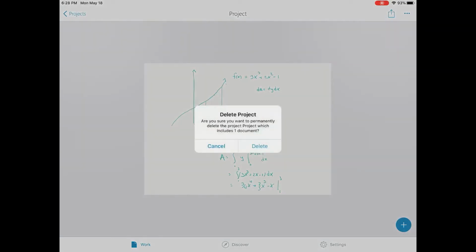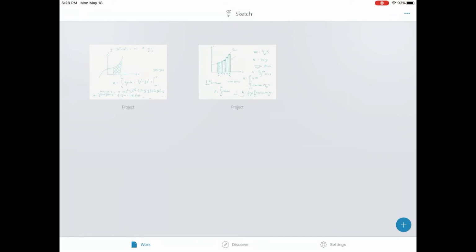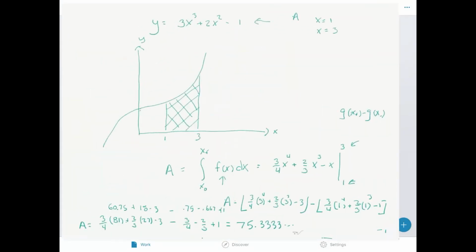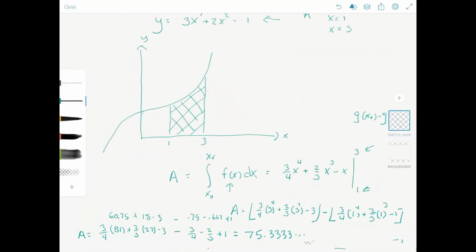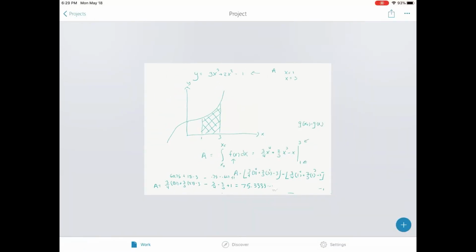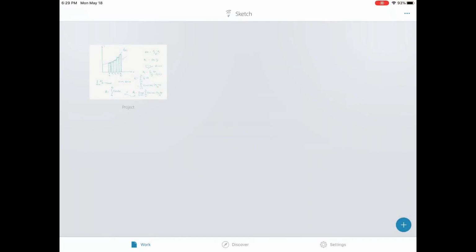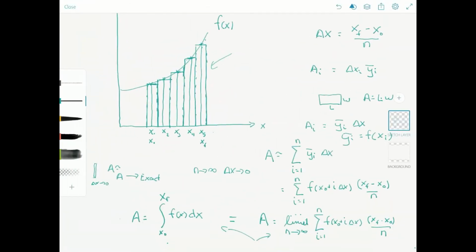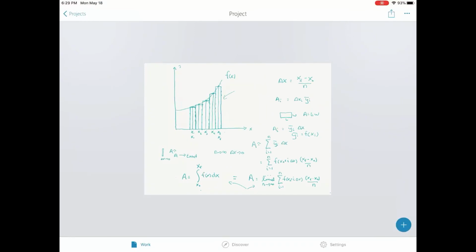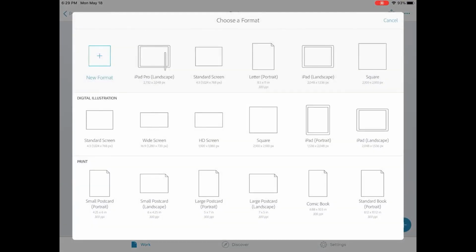Let's take a look at another one. Let's delete that. We don't need that anymore. Let's delete this. We don't need this anymore. And we'll just keep that.